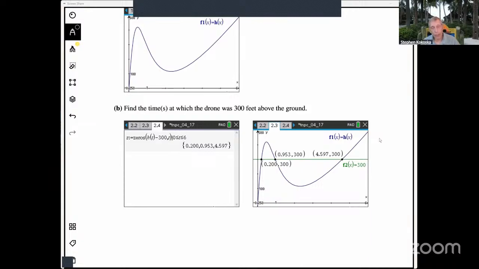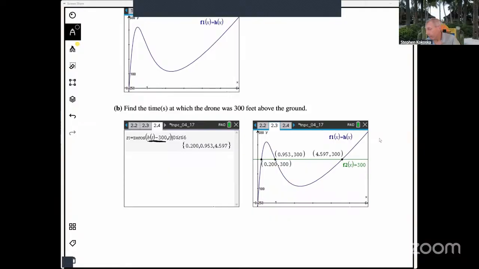There's a built-in function on the Nspire called zeros. What I'm really doing here is asking the calculator to find out when h of t minus 300 is 0. I am setting it equal to 0 and solving.